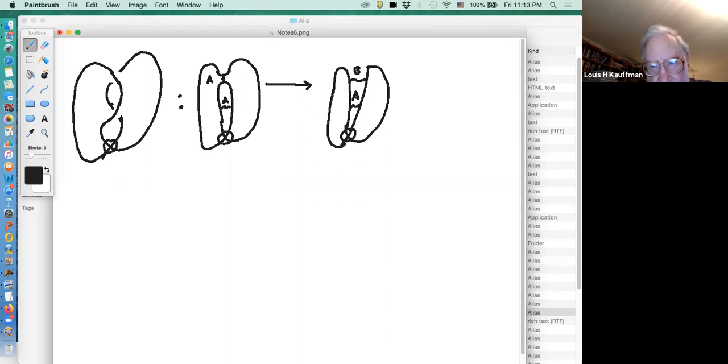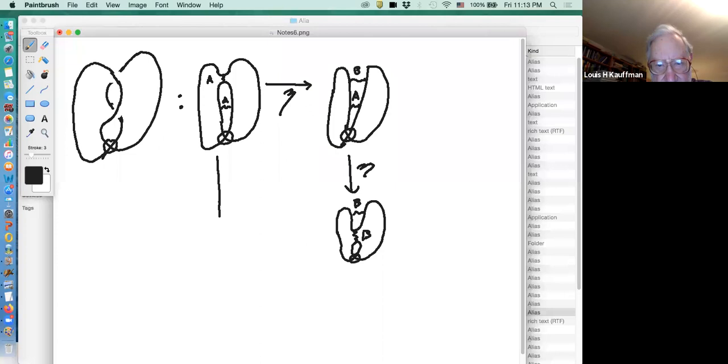And now I'm going to smooth this one, and again, it's an eta. All right, so here's an eta and here's an eta. And if I go around the other way, then I'm going to smooth this one first, and then I go here.